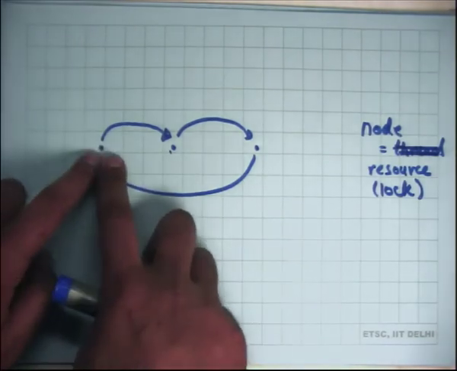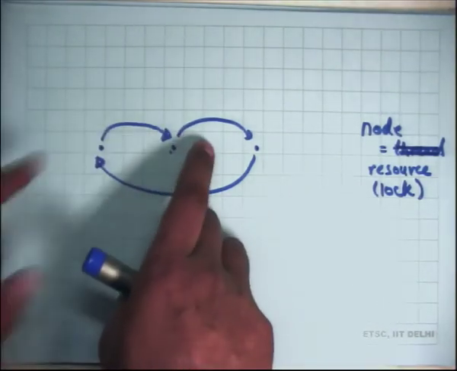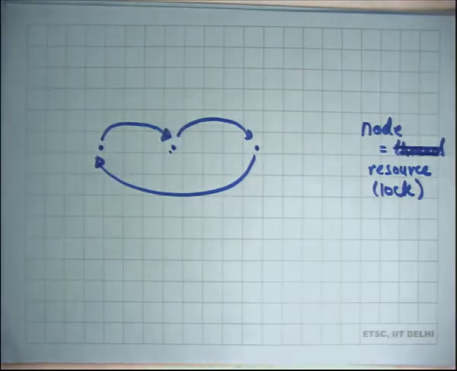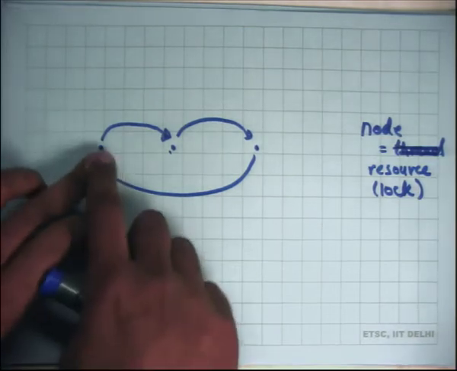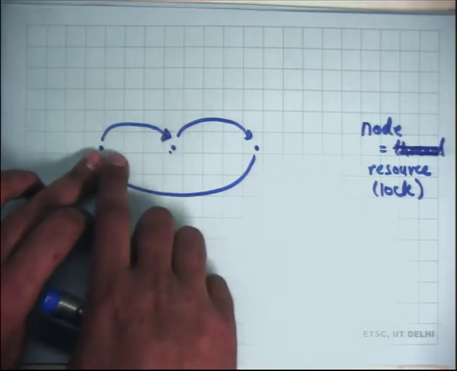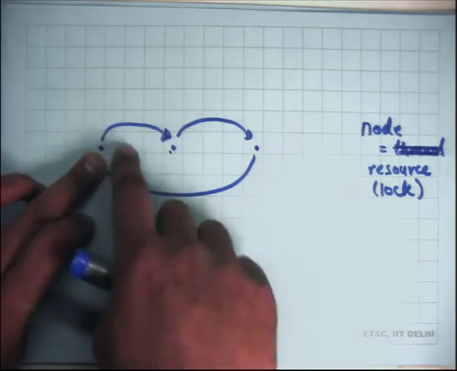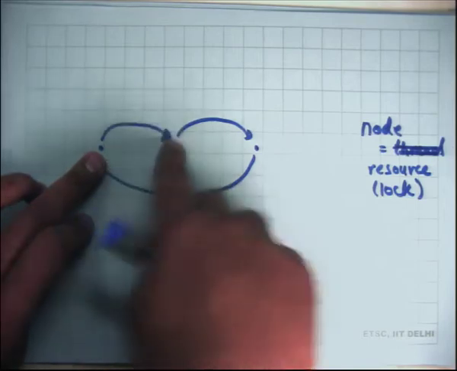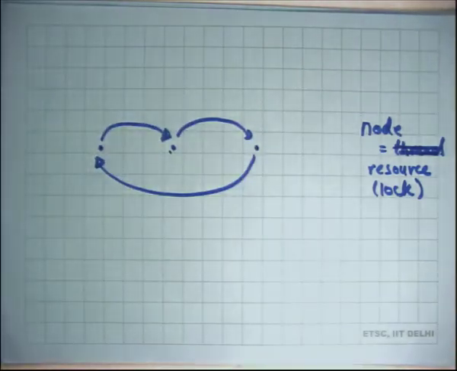So I draw an edge from one resource to another if it is possible for me to hold a resource and then request the other resource. So if it's possible for one thread to hold one resource and request another, there's a directed edge. And a deadlock can occur if there's a cycle in this graph.